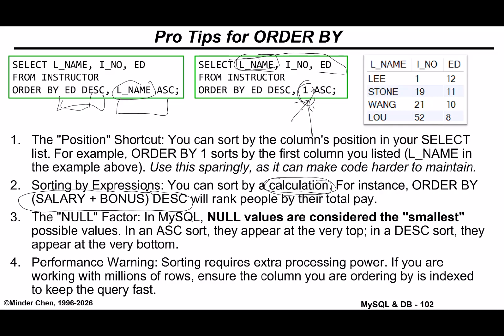But it's probably better that if that's used in your select clause, you give it an alias and then use the alias to indicate the sorting order. A null value is considered smallest in terms of sorting, so it would actually show up first. If you sort by a certain column which has a null value, it will show up first.